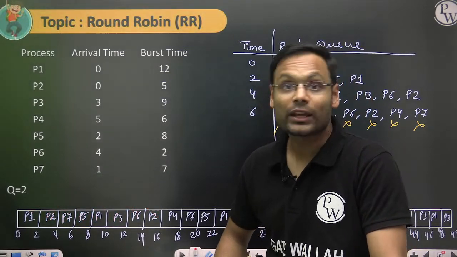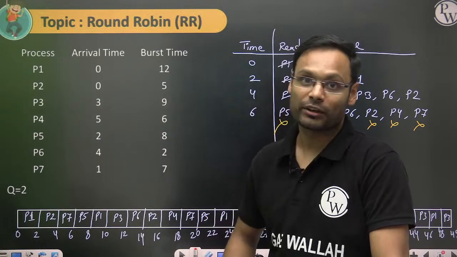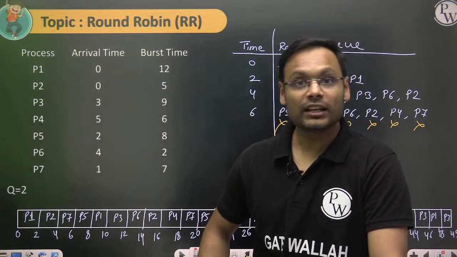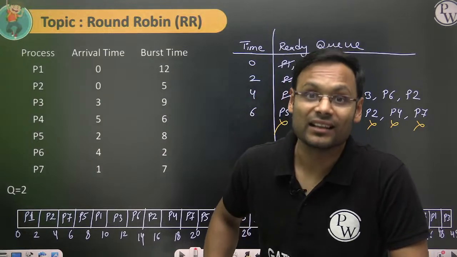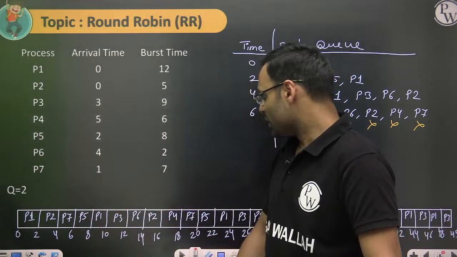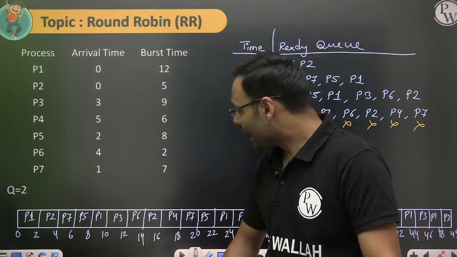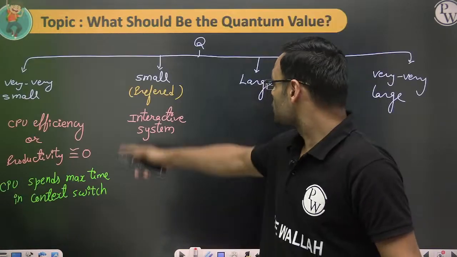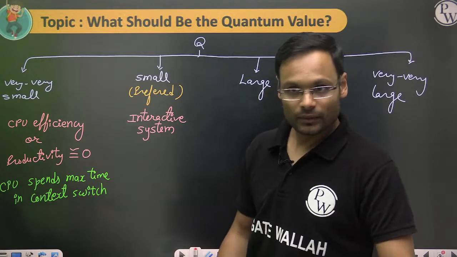The user will understand, okay, every process is running and going further. With every process I can interact and I feel like all processes are running in parallel. So for each process quickly, the CPU will get the response and hence the system becomes more interactive. And this is what is preferred.